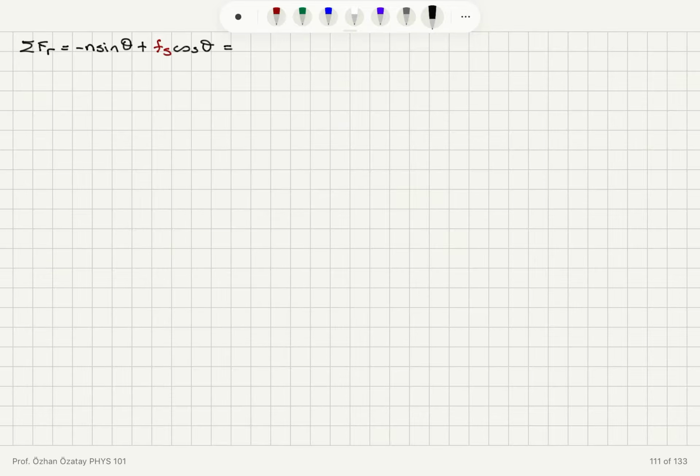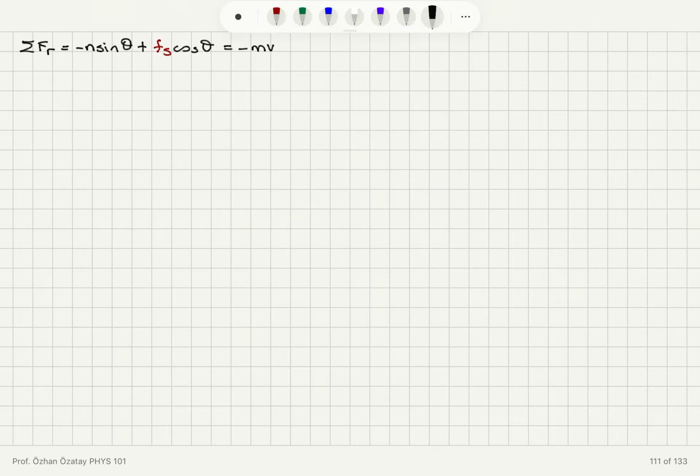So this would be responsible for the centripetal acceleration, minus mv square over capital R in r hat direction. Now what I'm going to do is basically change the sign here. So this will be a plus, this will be a minus, this will be a plus.